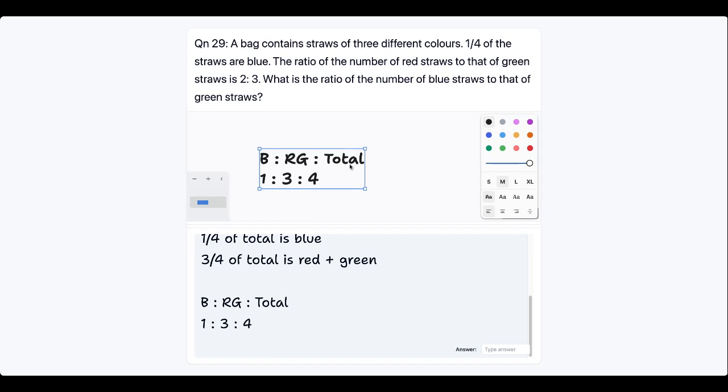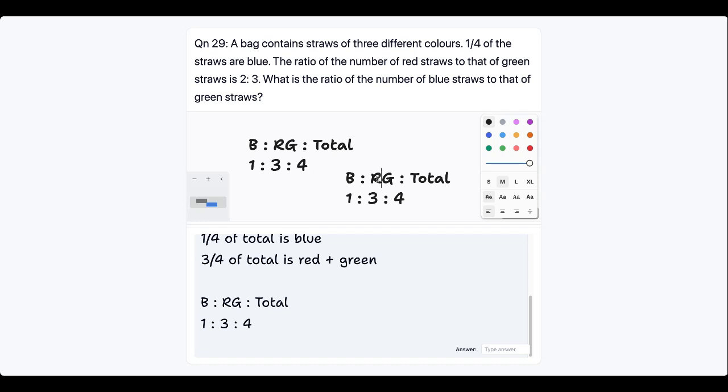Now we also know the ratio of the red straws and green straws. So if I were to duplicate this, red is to green, and then we have RG as well. Red is 2, green is 3, and RG is 2 plus 3, which is 5.